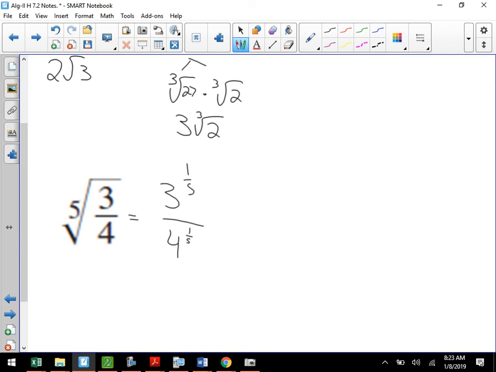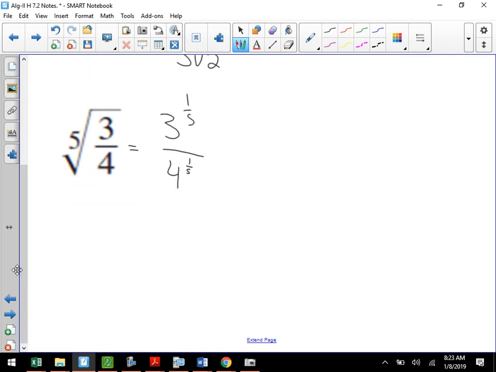How many more fifths do I need in the denominator? 4. Well, same base, different exponents in the denominator when I'm multiplying, I just add them.